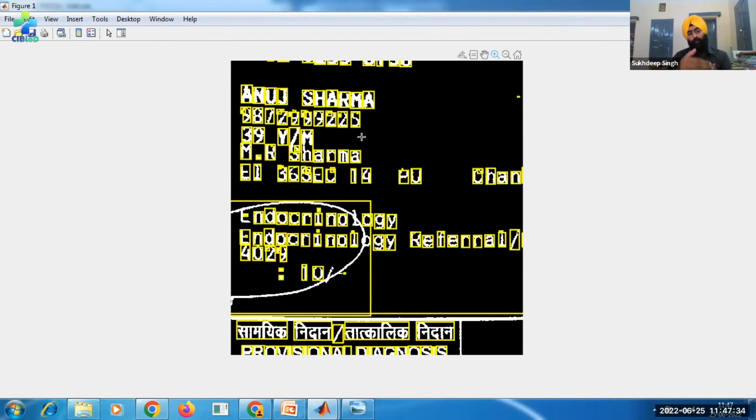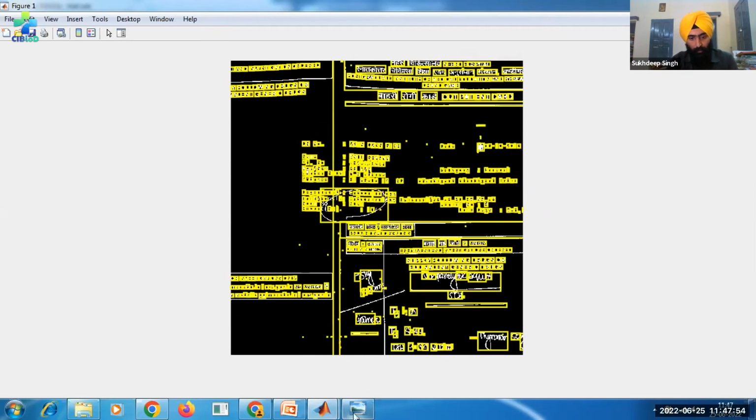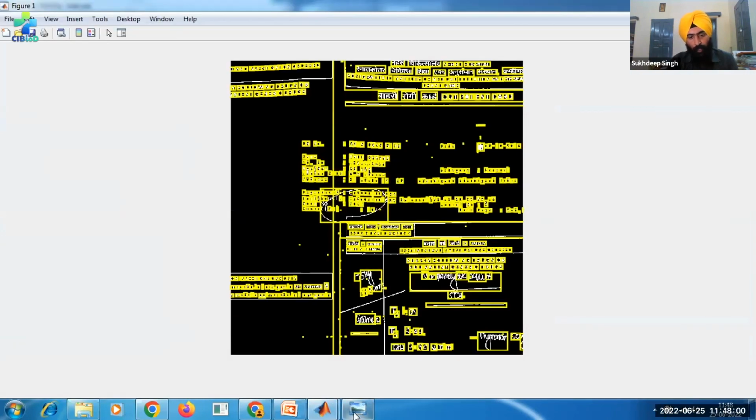So our data has been collected, then the image is binarized, then after that it is segmented into different components. So this was the PGI OPD card.